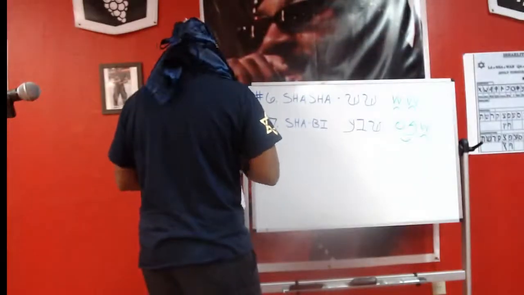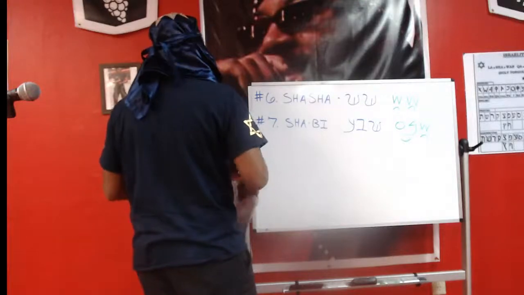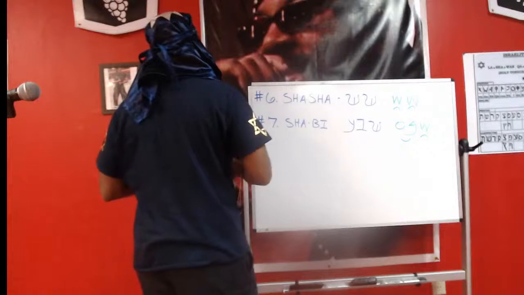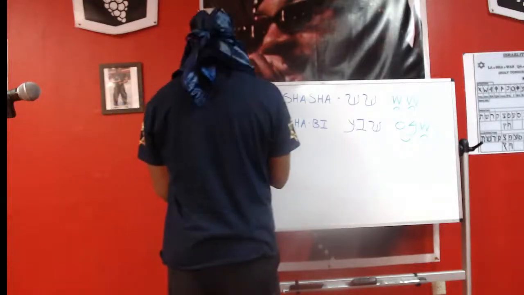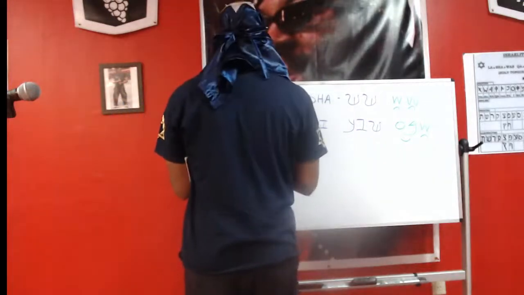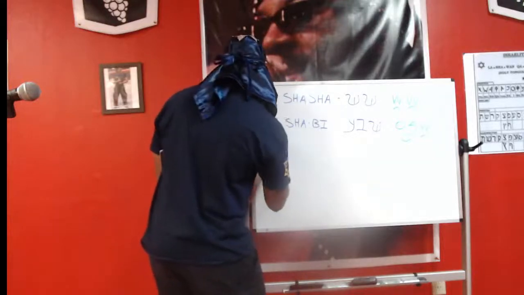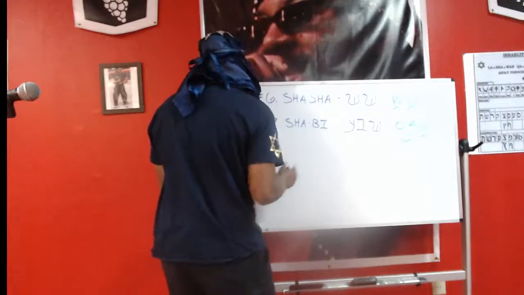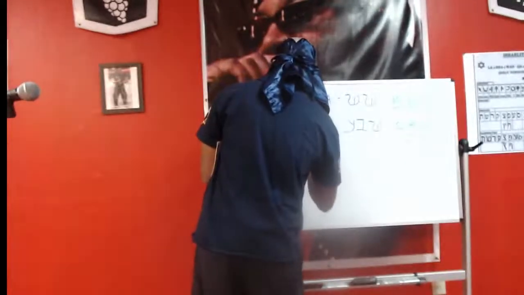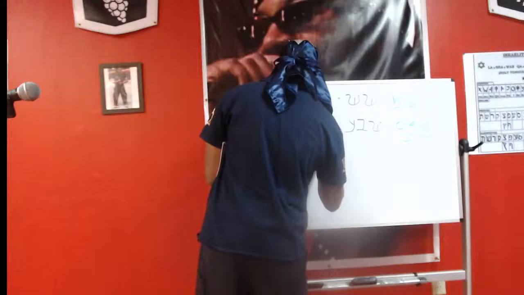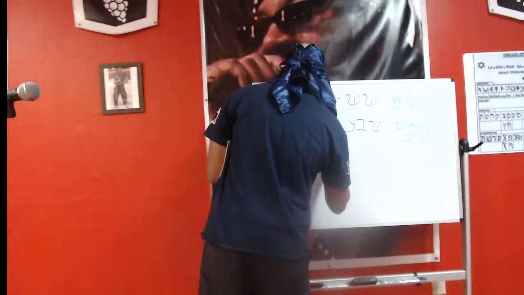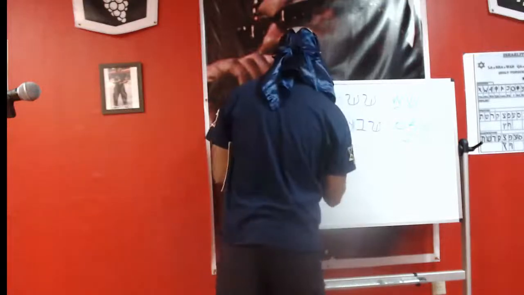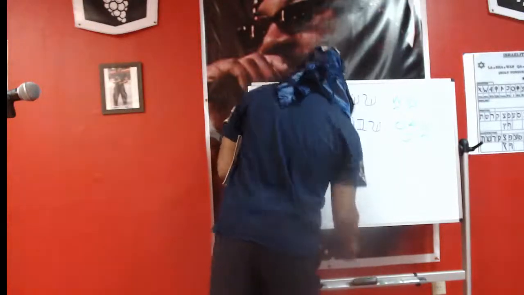Alright. Cool. So we have number 6, Shasha. 7, Shabbai. Can you guess what number 8 is? Shamana.